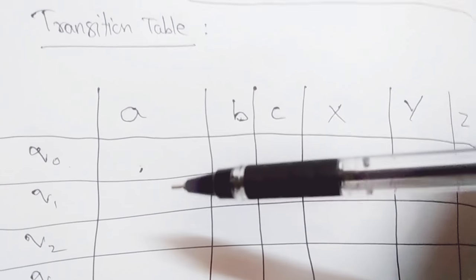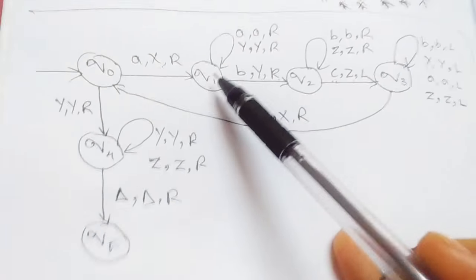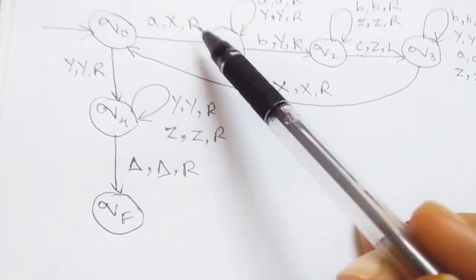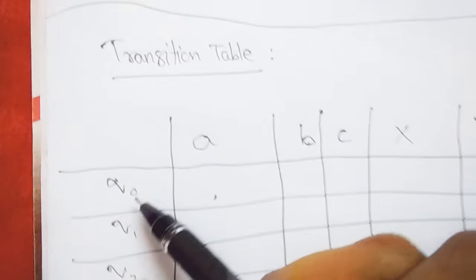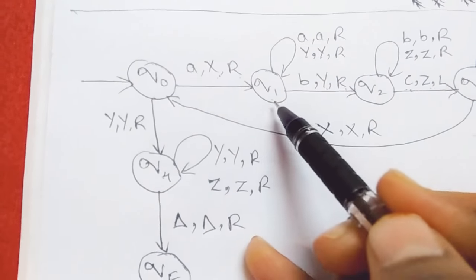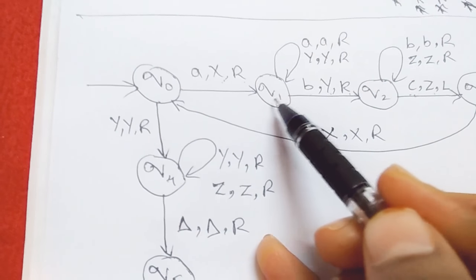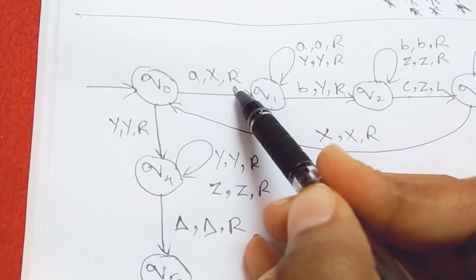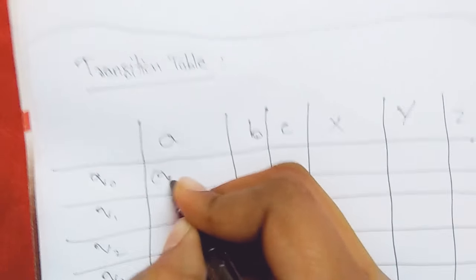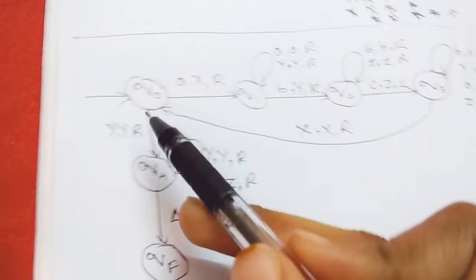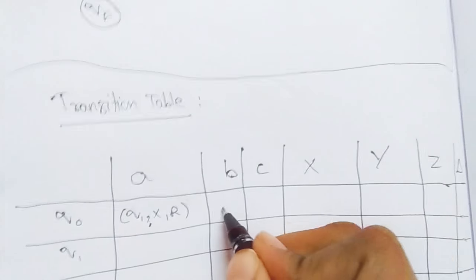So I'll fill these blocks with the respective transition state, the character I've replaced with, and the movement, that is left or right. Therefore, Q0 to A there is a transition, the transition state is Q1 and the character I've replaced with is X and the movement is right. Therefore, I'll go with Q1, X, R. And Q0 to B there is nothing, so I'll give a dash.